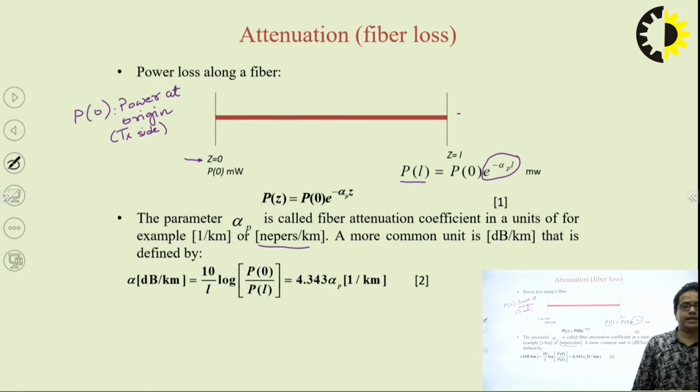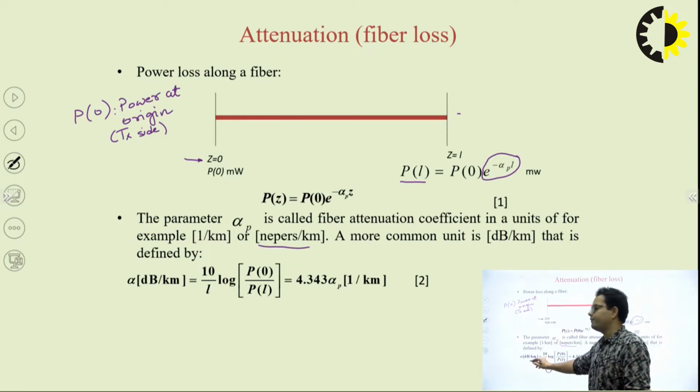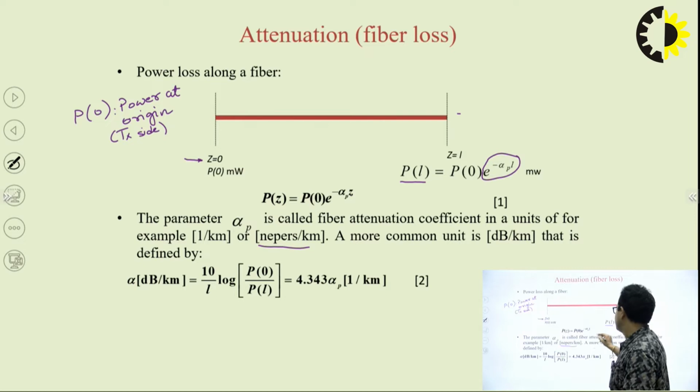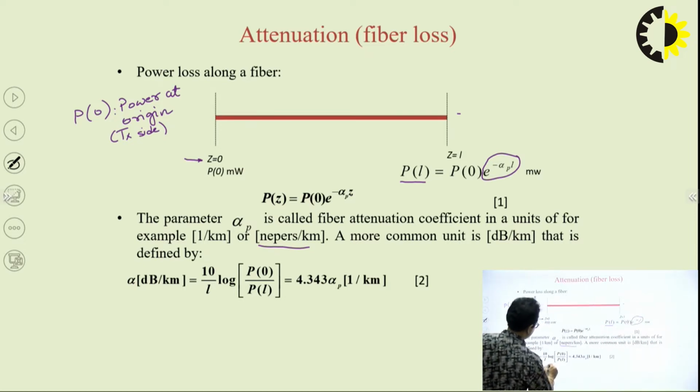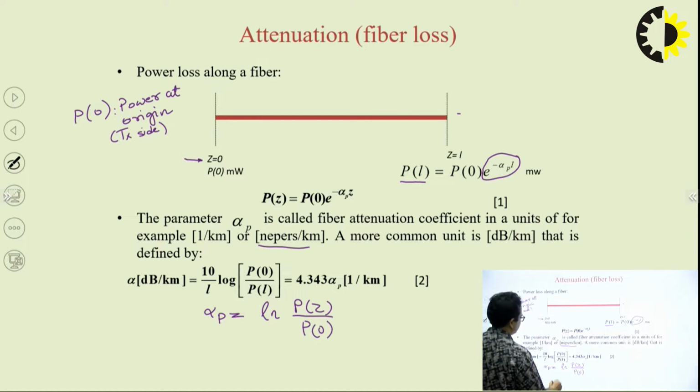So if we take the natural log of that, then it will be expressed as alpha P equals 1 upon Z ln of Pz upon P0, right? So this is per kilometer.